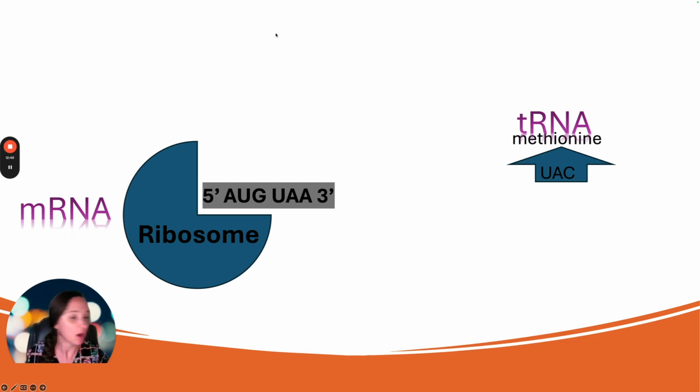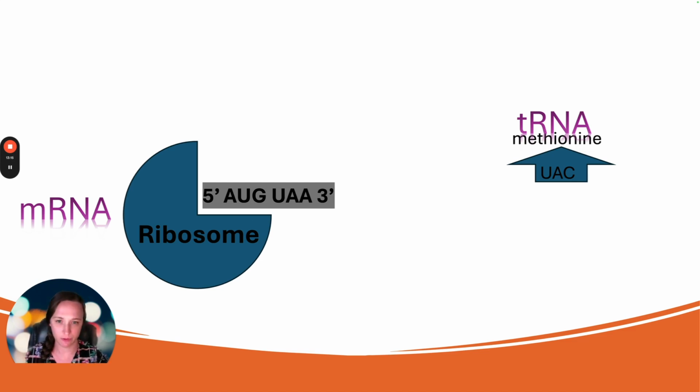Because remember, RNA never has thymine. It only has uracil. So the tRNA will bring this UAC to the complementary AUG on the small subunit of the ribosome, and that is always attached to the amino acid methionine.